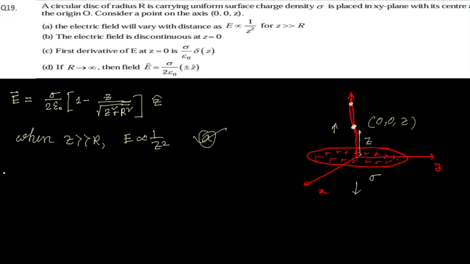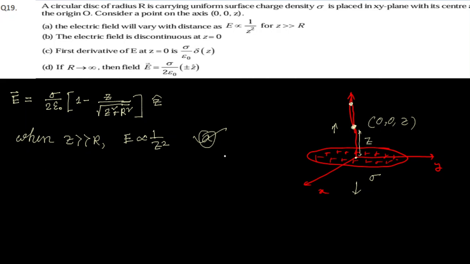Then option B: the electric field is discontinuous at z equals 0. This option is also correct, because last class we have also shown this. If you consider a point at the center, around this point the electric field because of other charges will be 0, but at the center there will be some charge, and that charge creates an electric field upward above the loop and downward below the loop, and because of it there will be a discontinuity of the electric field.